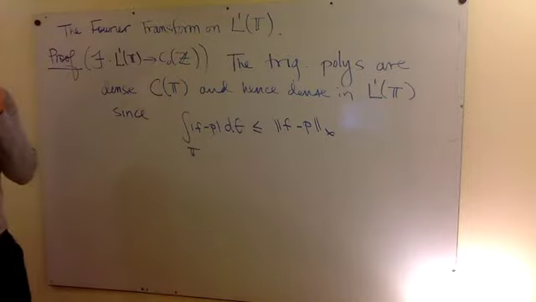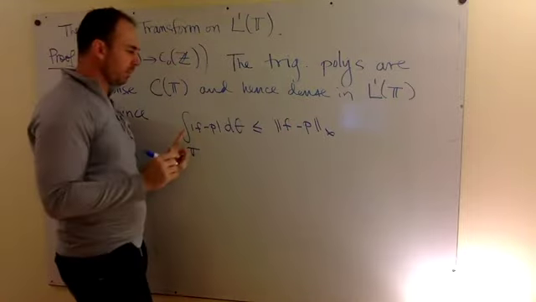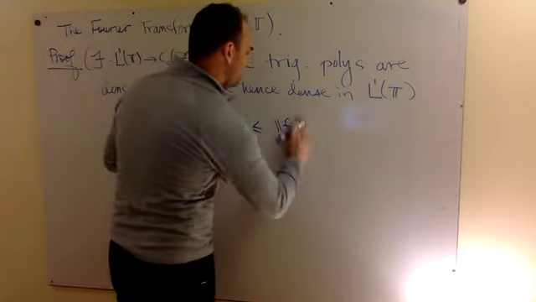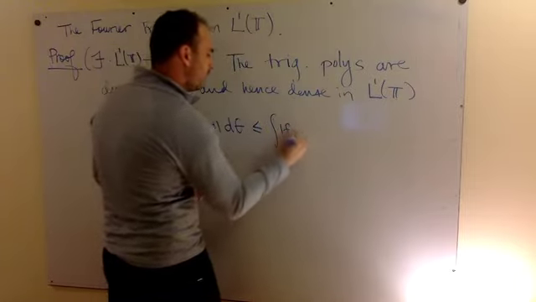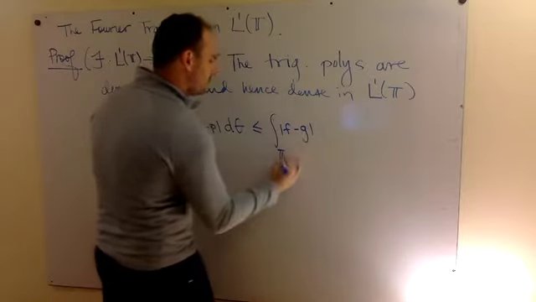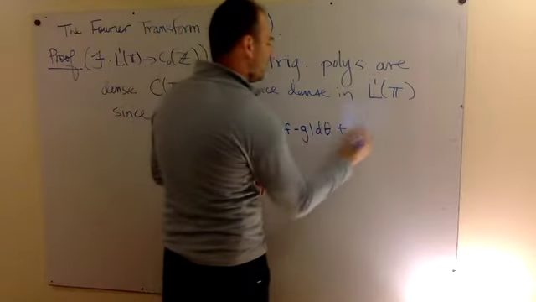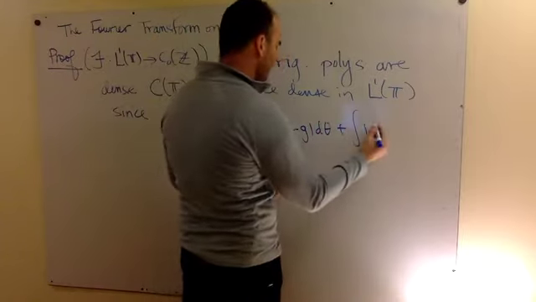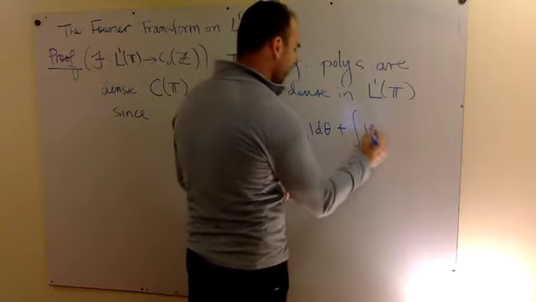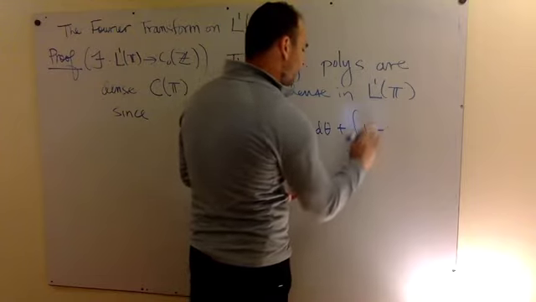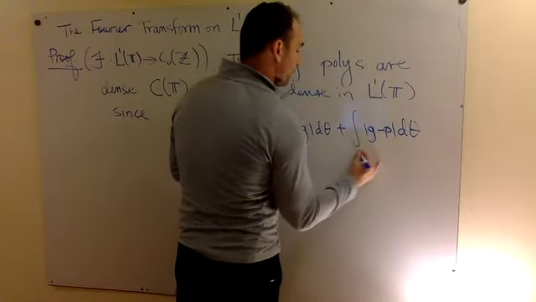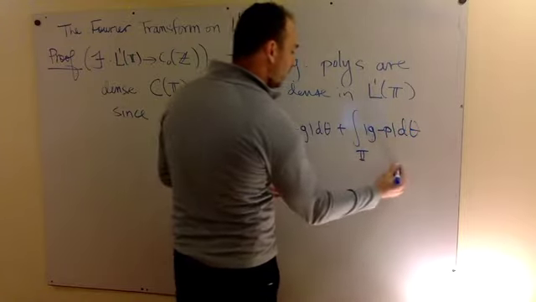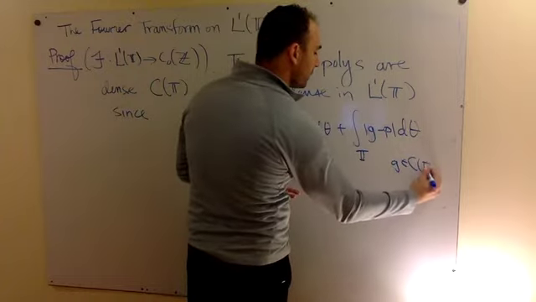And so, actually it's not quite that simple, but let me write this like so. This was a calculation I did back in the L2 case, and the same thing works in L1. Actually, it's even easier. And so here, g is a continuous function.